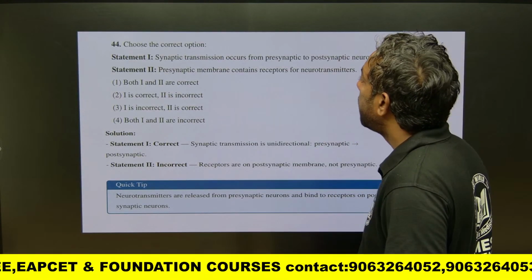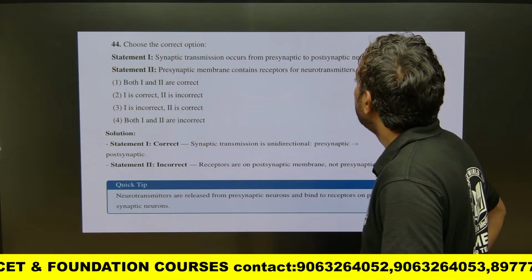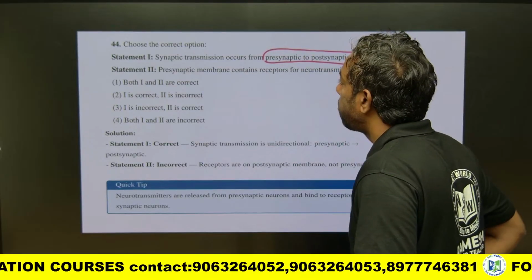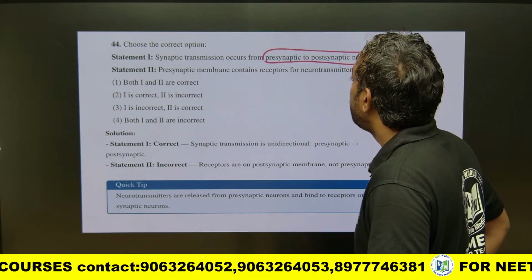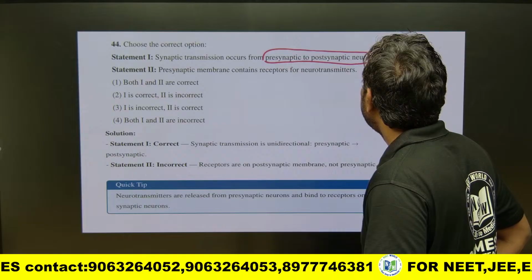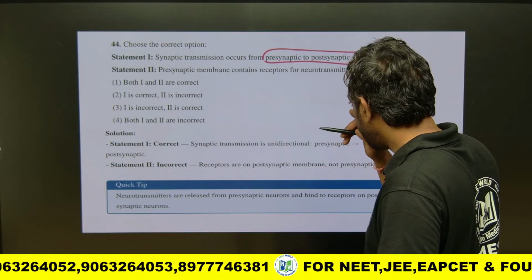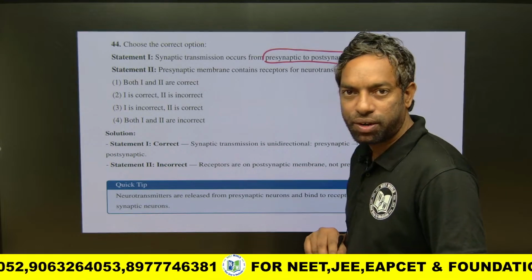Yeah, synaptic transmission occurs from the presynaptic to the postsynaptic neuron. Presynaptic membrane contains receptors for the neurotransmitters. Guys, just look here. A synapse is the gap between two neurons.